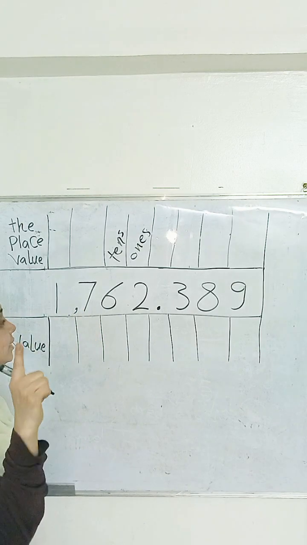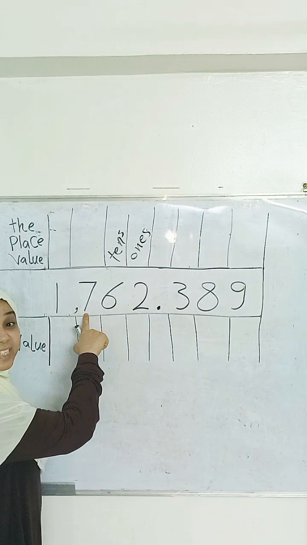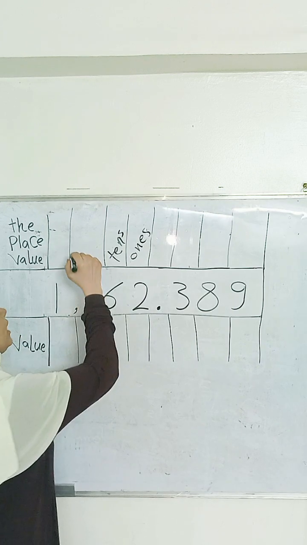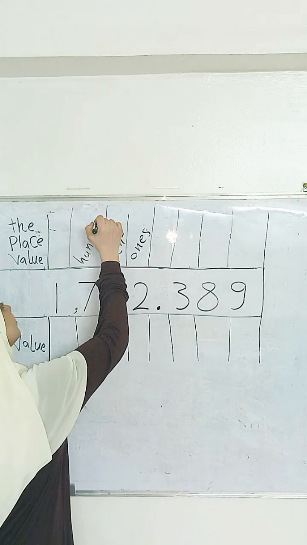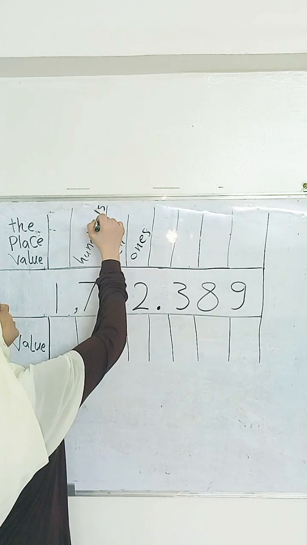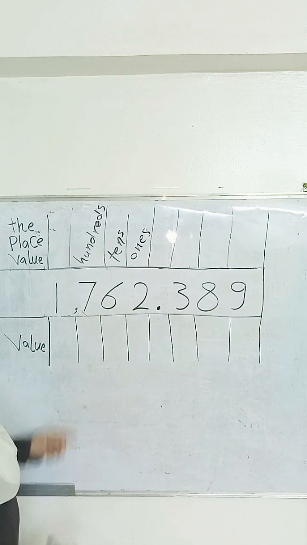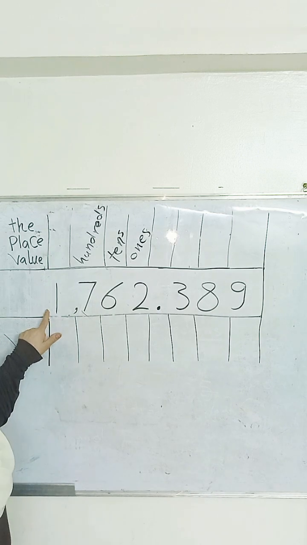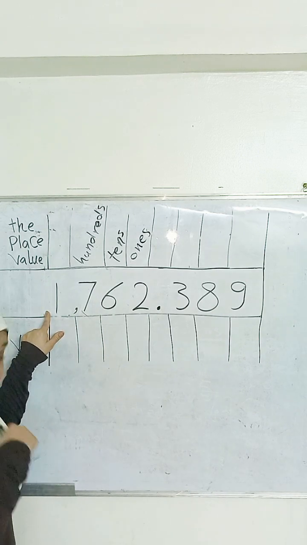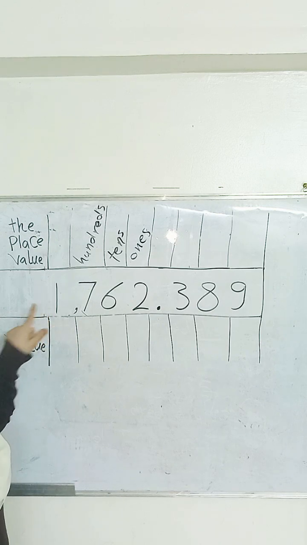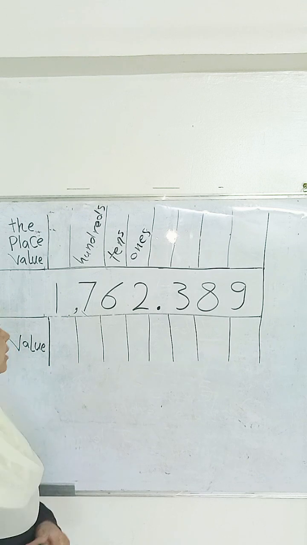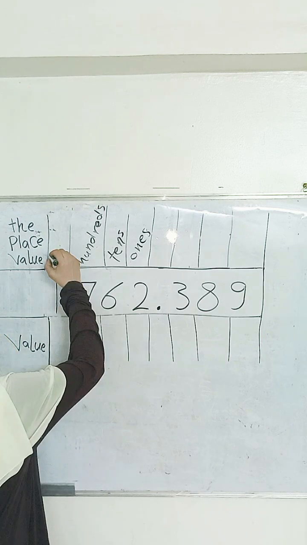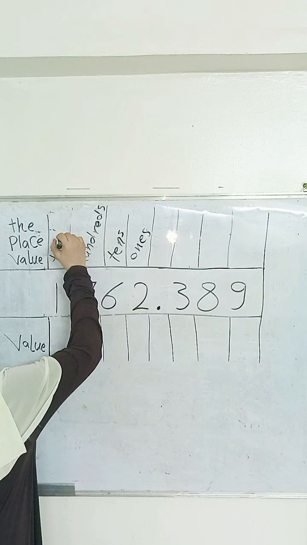Hundreds. What about 1? It's 1,000, so it's in the thousands place.